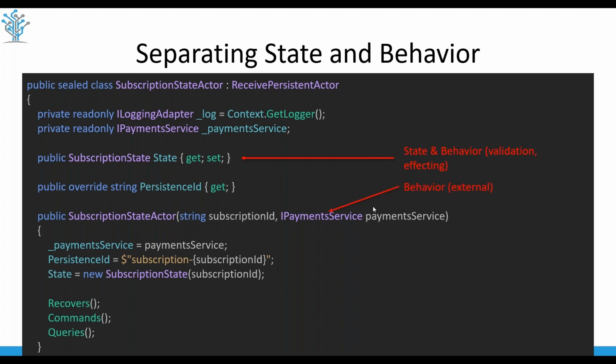We also have some external services we're going to inject into this actor. For the purposes of this case, we're simulating a connection to a payment service. So this payment service could be Stripe, could be something much more simplistic that maybe sends purchase orders via QuickBooks Online. Whatever the case may be, it's not super important how this works. We're just injecting it into this actor, and I'm making it a point of clarification here.